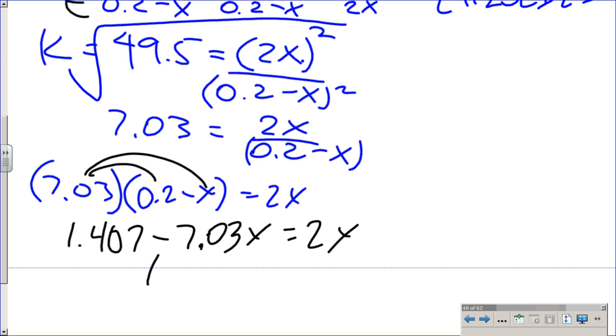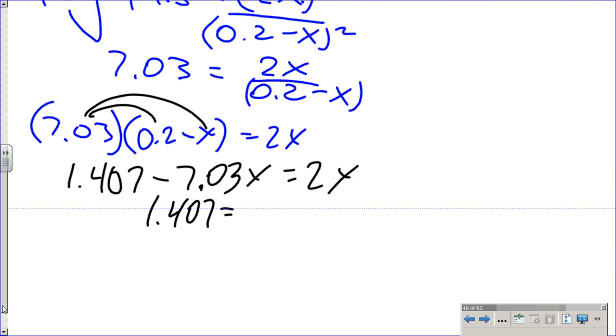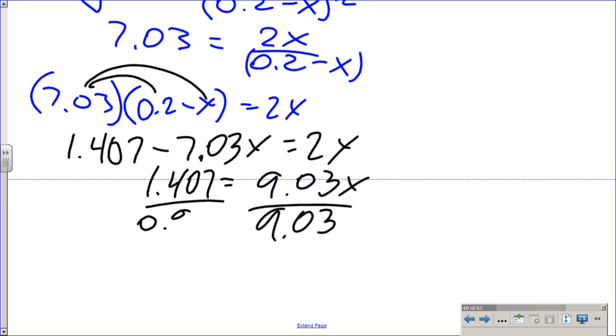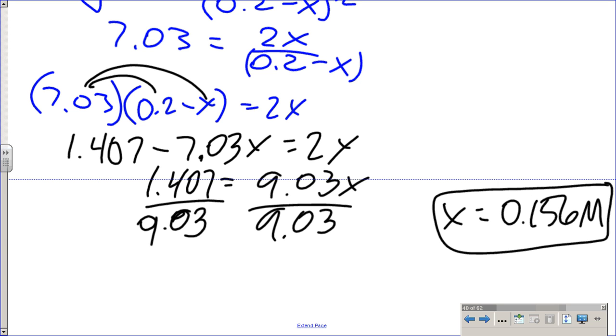So then you get 1.407 is equal to what? Yeah, because you're adding your 7.03 to 2. So that's 9.03x. And then dividing by 9.03, x is equal to 0.1156 molar. I went faster than math because I'm not teaching you math. This is just implementing the math you already know.